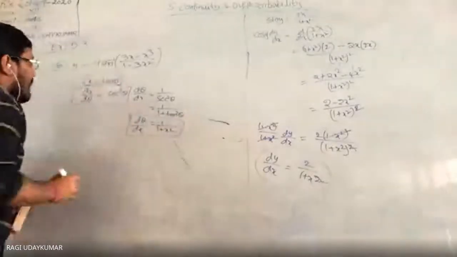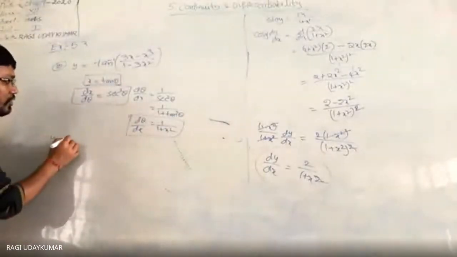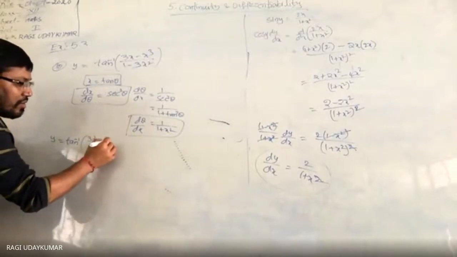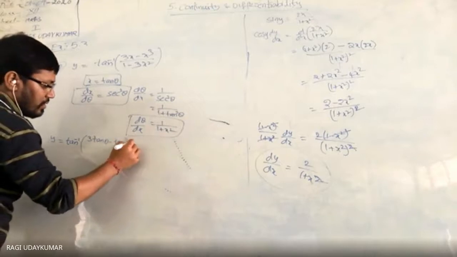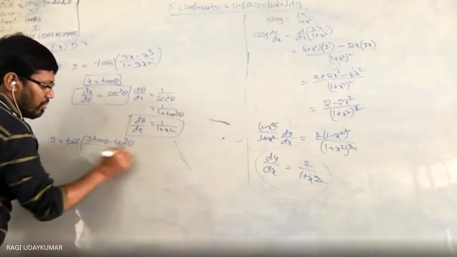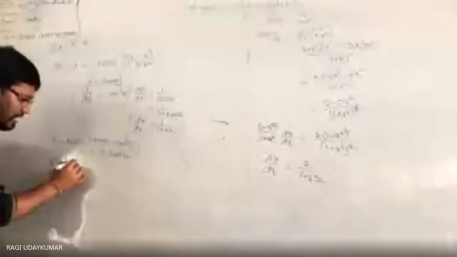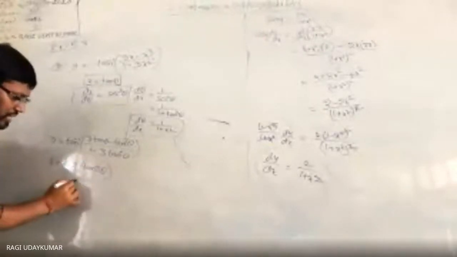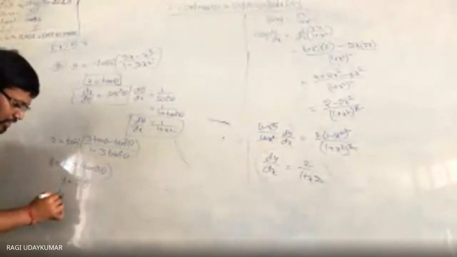So x is equals to tan theta; substituting, y is equals to tan inverse of (3 tan theta minus tan cube theta) by (1 minus 3 tan square theta). This is equal to tan 3 theta. So y is equals to tan inverse of tan 3 theta, which is y equals 3 theta.